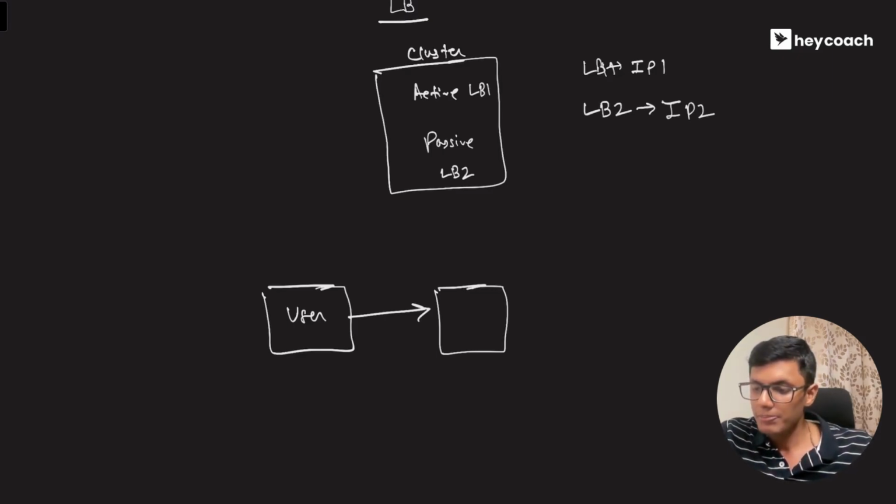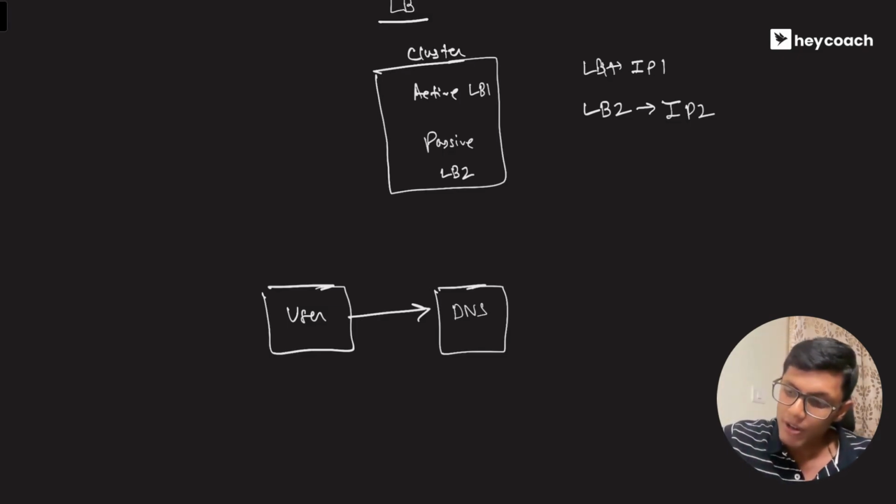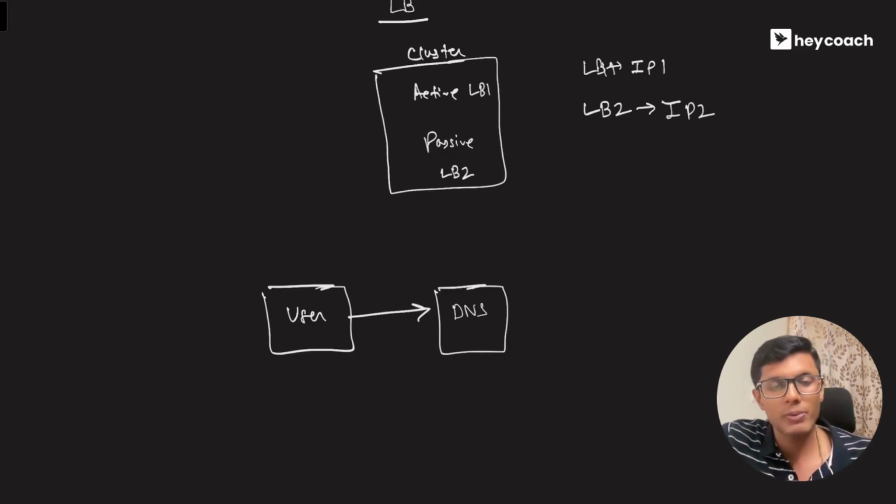Now when load balancer 1 dies, the DNS server would still say that this is the IP address, because DNS propagation takes a lot of time whenever you want to change IP addresses. There are a lot of levels of caching involved inside the DNS system. So if you want to route all the requests to IP2, it would be a very tricky task.